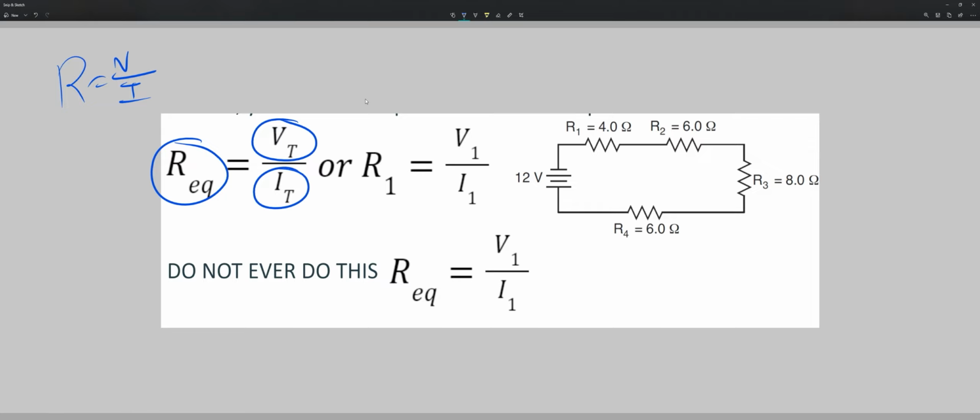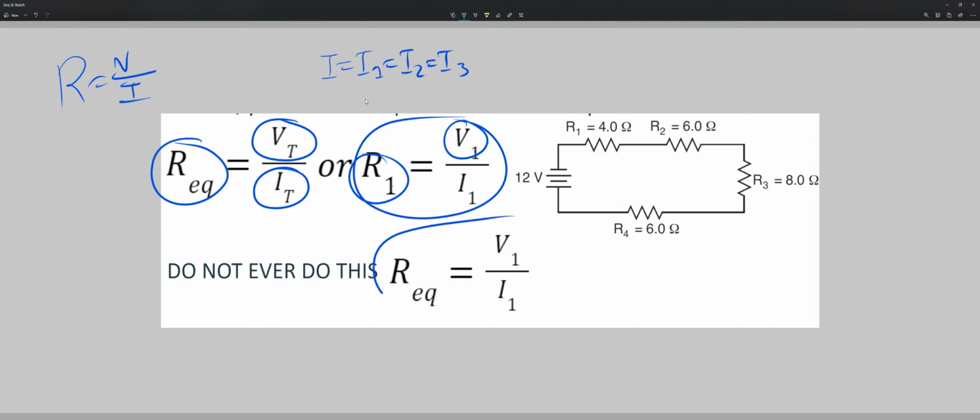But the total part of your current is unnecessary because my current is the same throughout. So it doesn't really matter if I say my total current or my individual current, they're all the same. If I'm solving for the resistance of one object or the voltage of one object around the resistor, I'm going to do R1 is equal to V1 over my current.